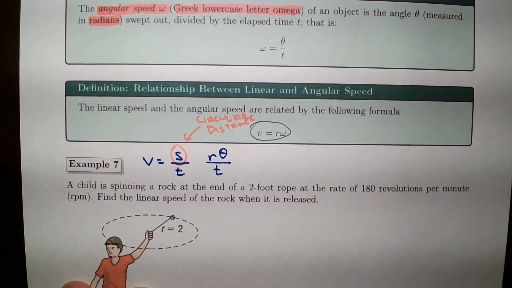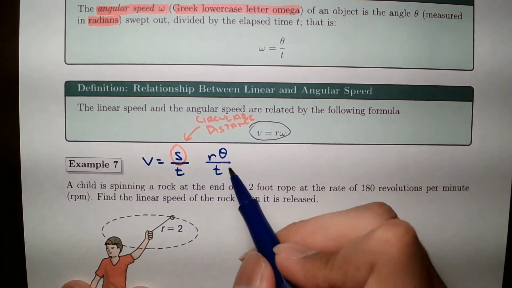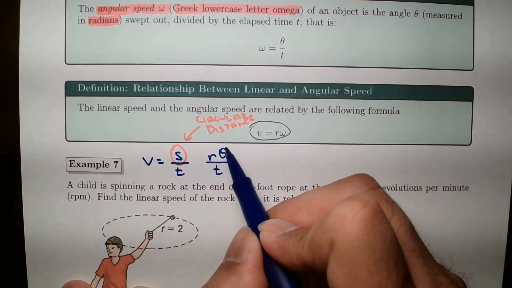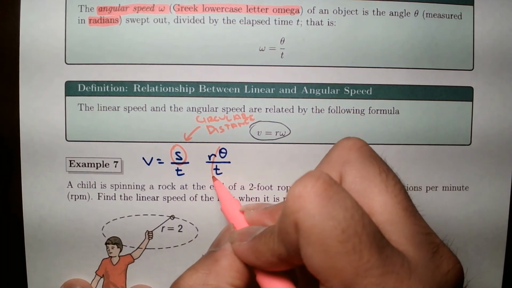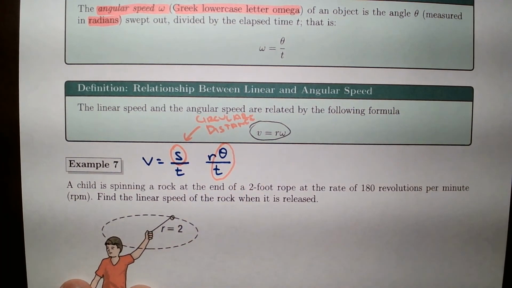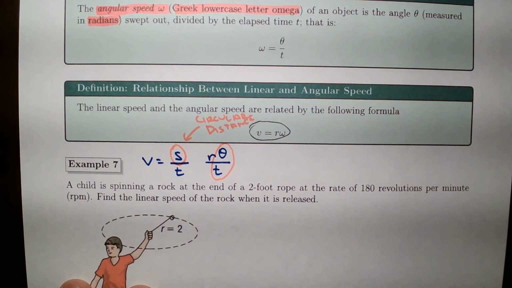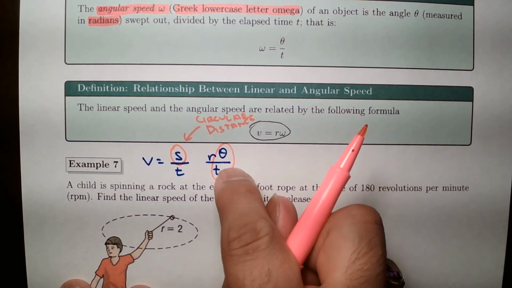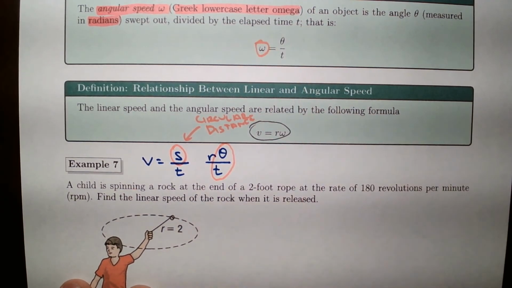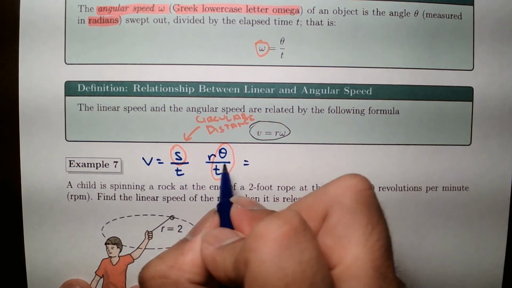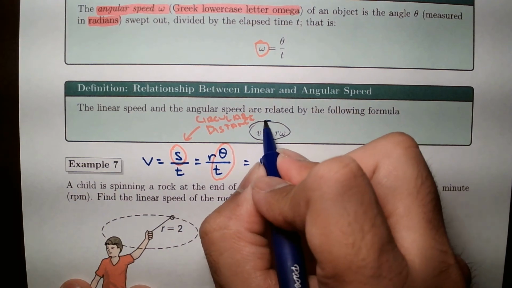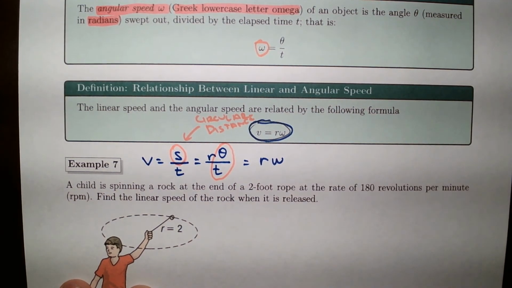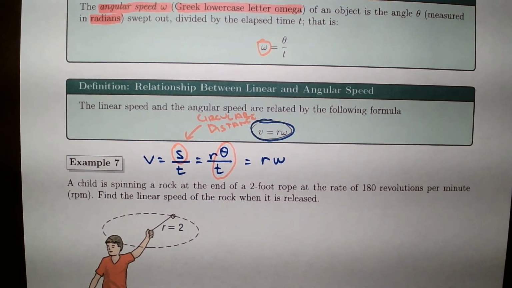And how can we simplify this? The angle in radians, the ratio of radians per unit of time, is omega. So this is r times omega, and isn't it the same formula? It is way shorter to relate.